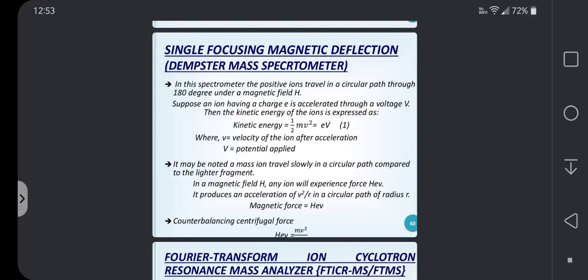In this spectrometer, the positive ions travel in a circular path through 180 degrees under a magnetic field H. Suppose an ion having a charge e is accelerated through a voltage V. Then the kinetic energy of the ion is expressed as half mv square, which is equal to eV, where v represents the velocity of the ion after acceleration and capital V represents the potential applied.